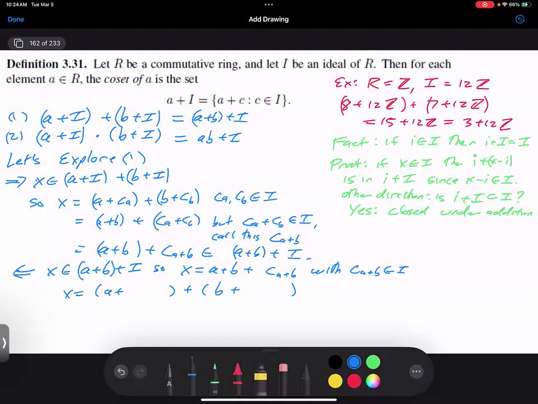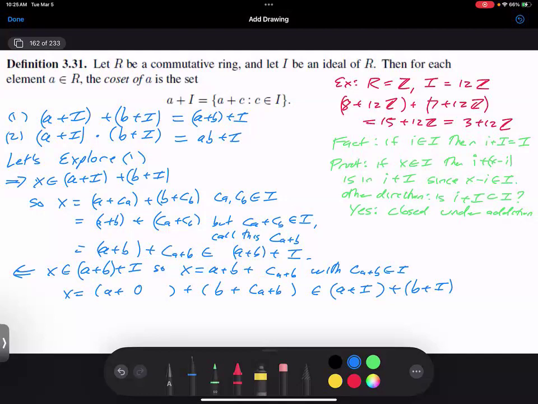So any thoughts about what I could put in? Good, I can put in 0 and CA plus B. And that's going to be an A plus I plus B plus I.